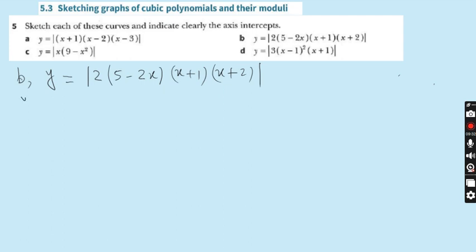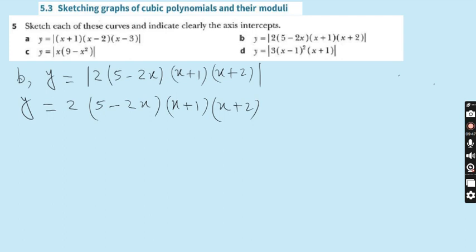Again we have to consider that this is without the modulus: y equals 2(5 minus 2x)(x plus 1)(x plus 2).